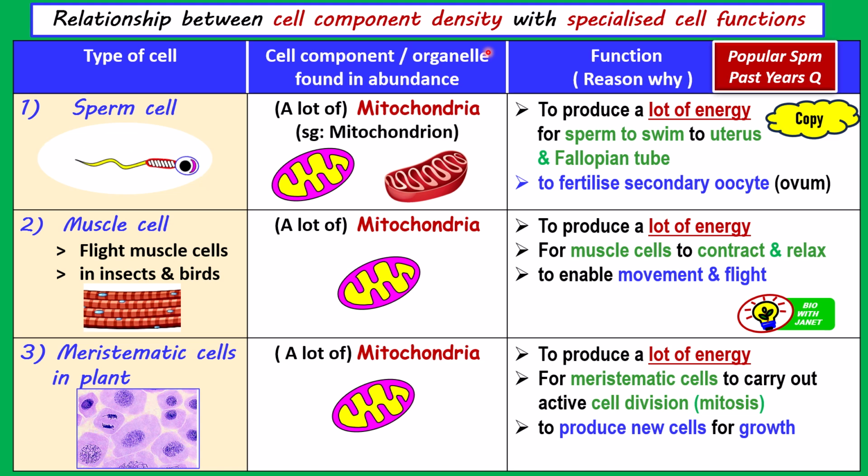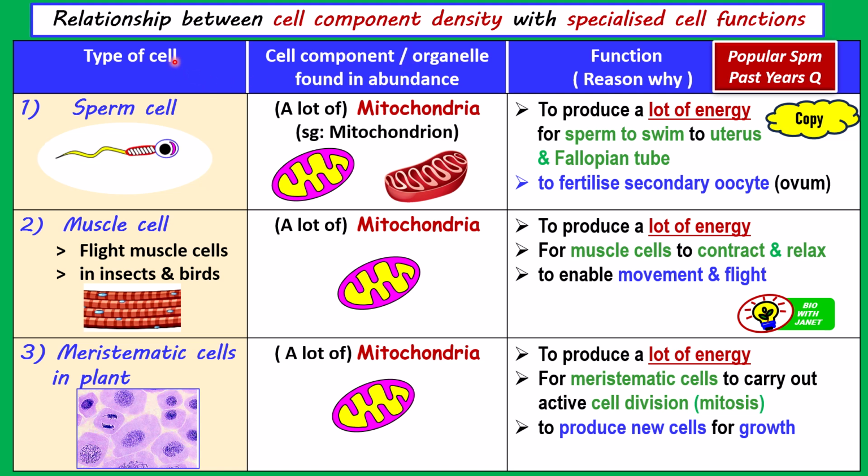Firstly, I want to give you the notes on the relationship between the density of a cell component or organelle with the specialized cell function. Okay, why certain cells have an abundance of certain cell components or organelles, right?